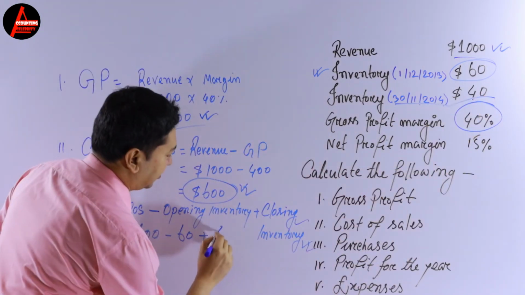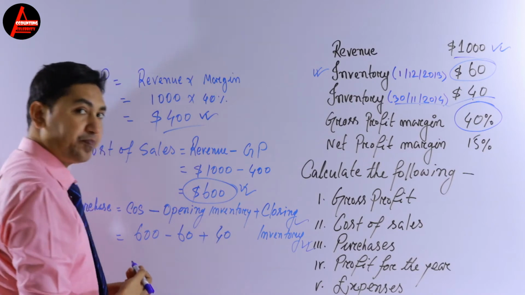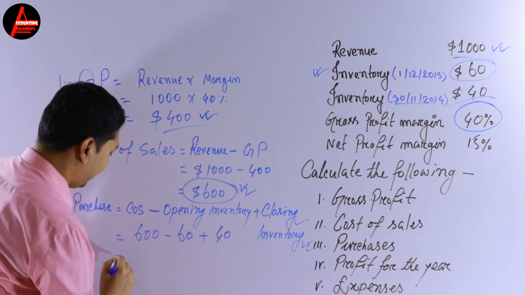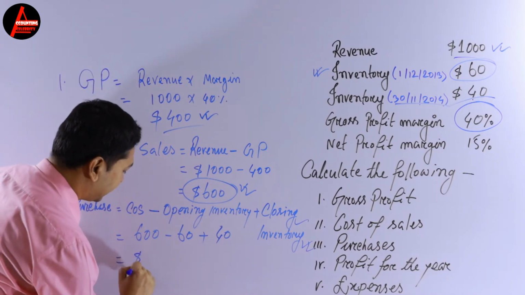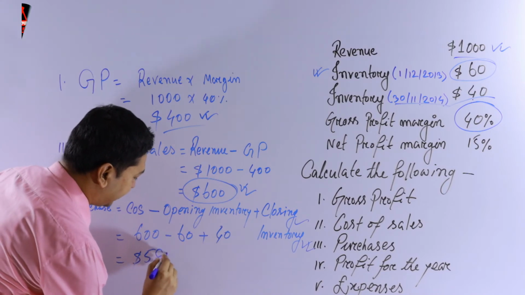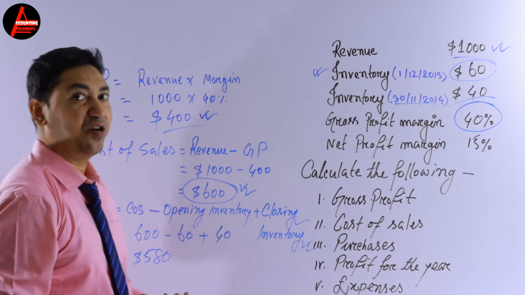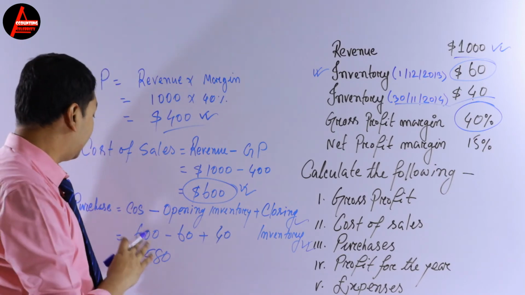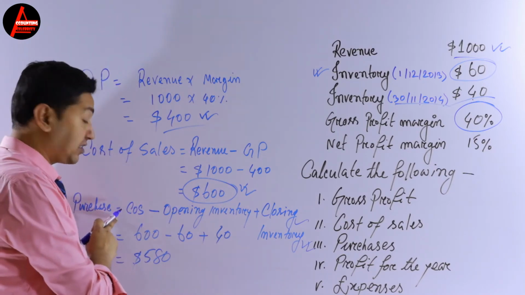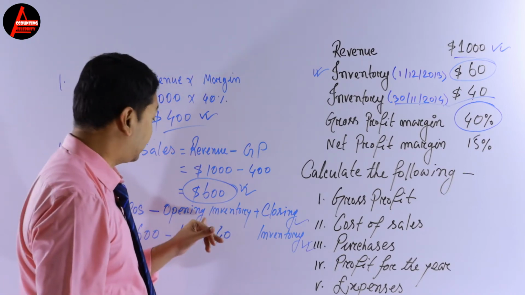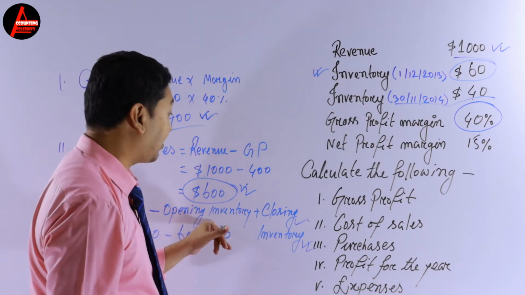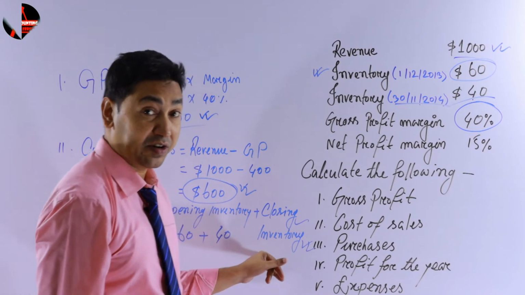Okay, so add $40 here. Now if you calculate, your answer is $580. Okay, so it is very easy, but you need to remember that purchase equal to cost of sales minus opening inventory plus closing inventory.